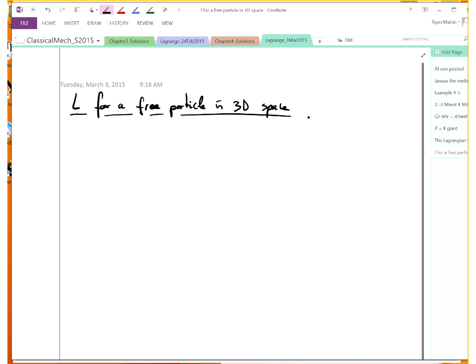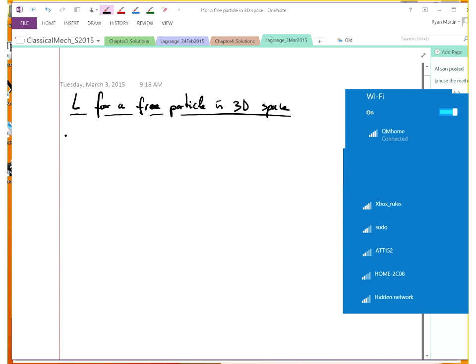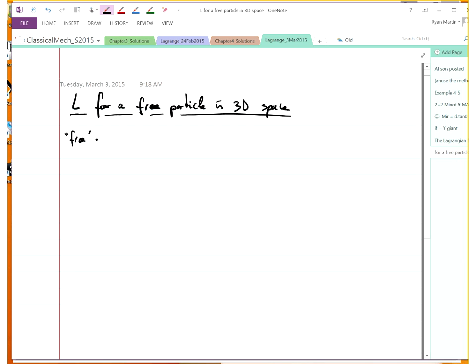Let's make some general arguments about what L could possibly look like. A free particle means that there are no forces on the particle. So it's a particle that could be moving, but if it's moving, it's at a constant speed.